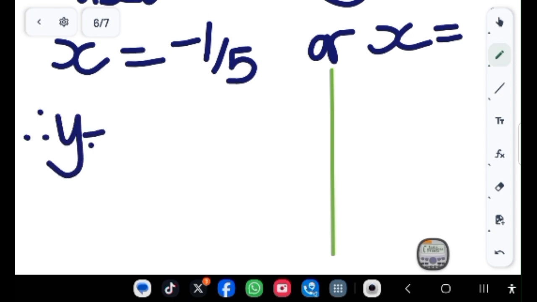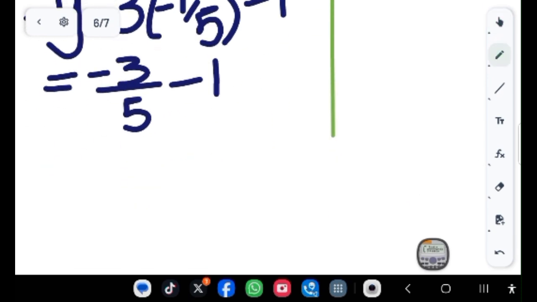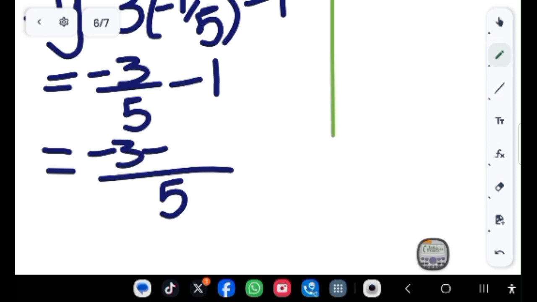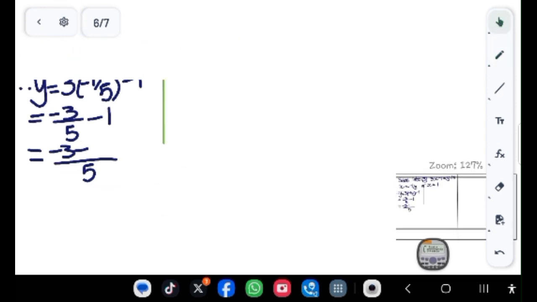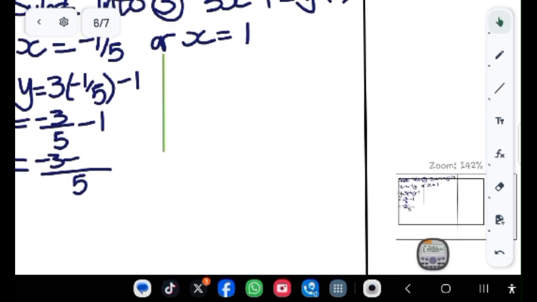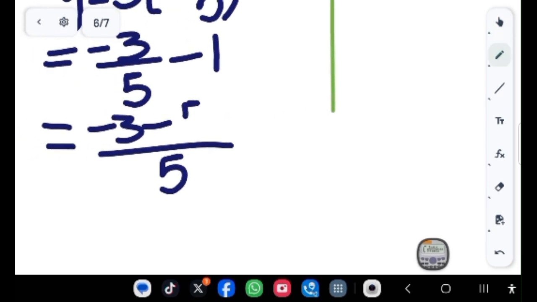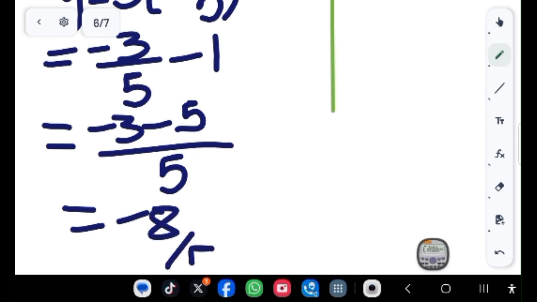Therefore y equals 3 times negative 1 over 5 minus 1, which is minus 3 over 5 minus 1, which is minus 3 minus 5 over 5, which is equal to minus 8 over 5.